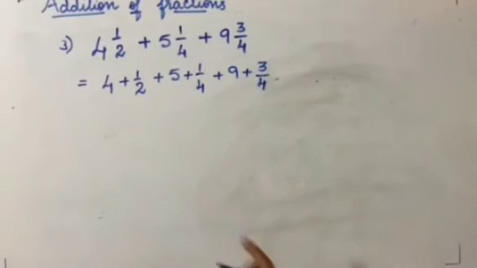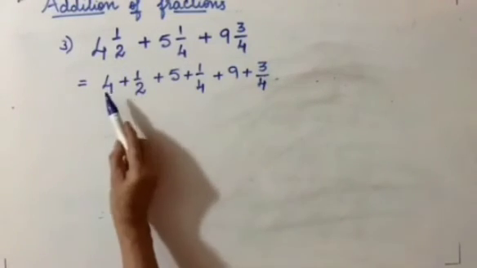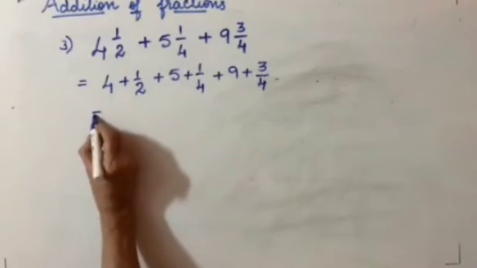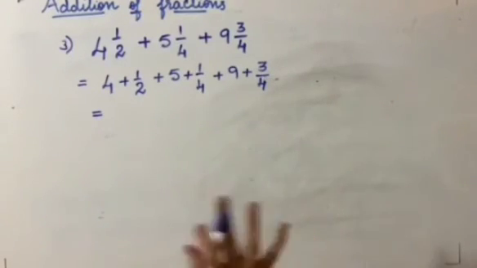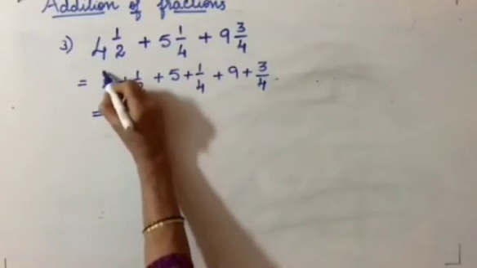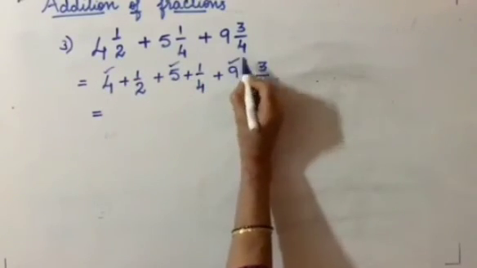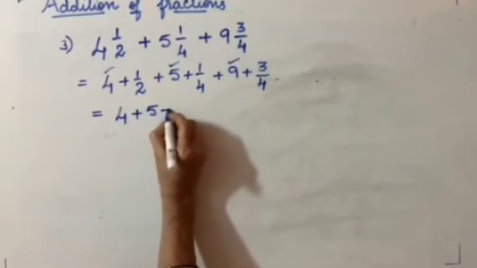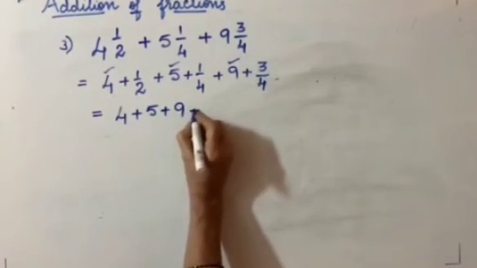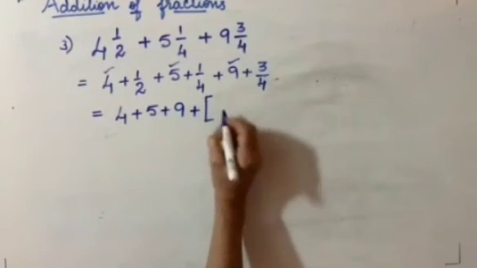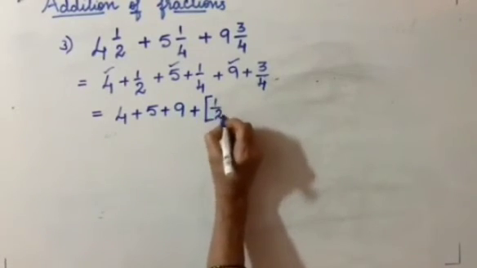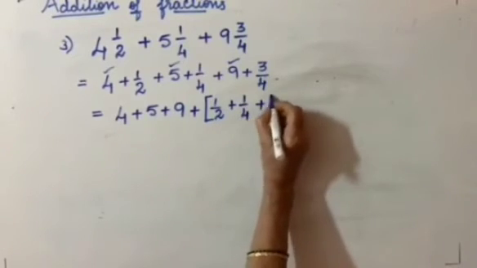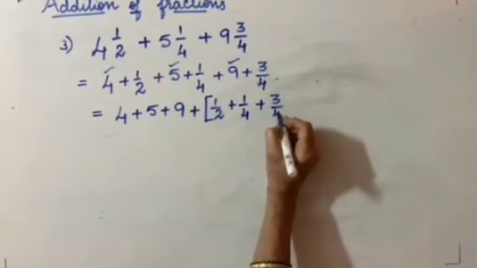Any confusion here? 4 and a half is 4 plus half and so on. Now rearrange, change the order, bring all the whole numbers together. 4, 5 and 9 are whole numbers. 4 plus 5 plus 9 plus half plus quarter plus 3 by 4.